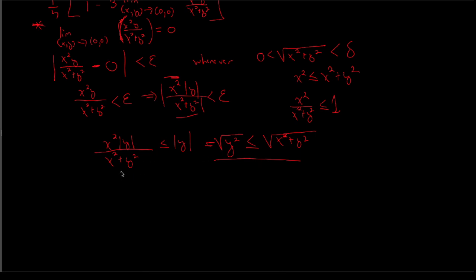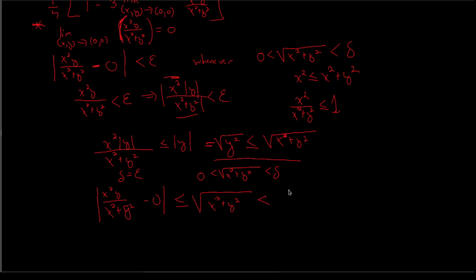So we're going to choose delta then to equal epsilon. And that lets us then say from this inequality up here, all right, we'll rewrite this down here, that our whole initial statement is going to be less than the square root of x squared plus y squared, which is less than delta, which is equal to epsilon.